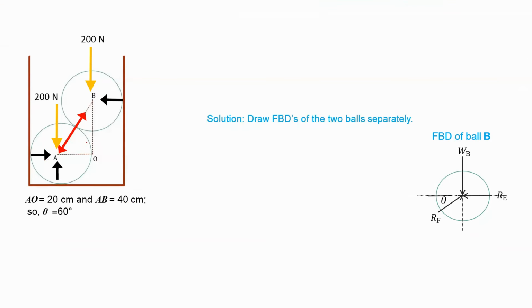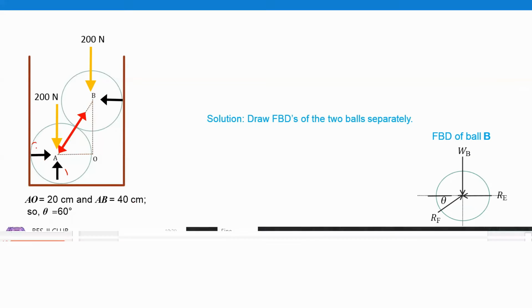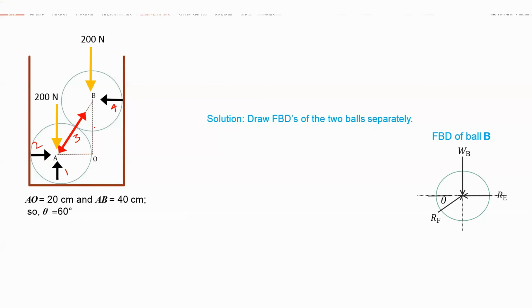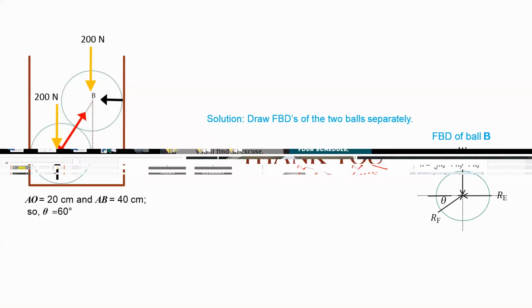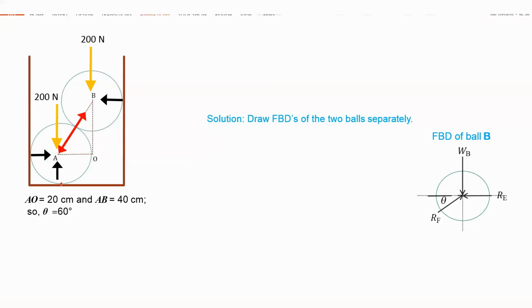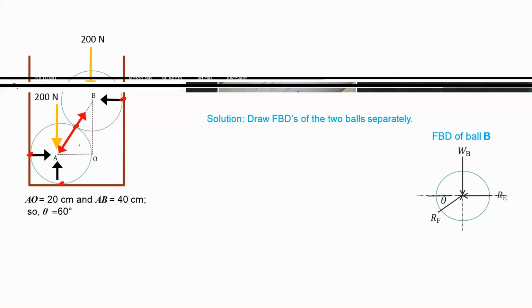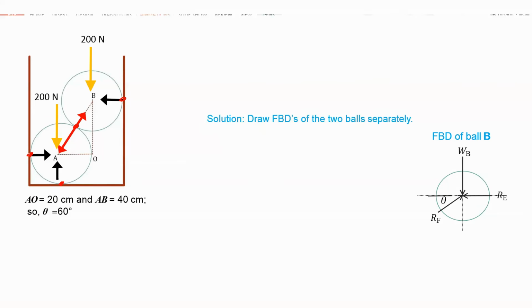How am I so sure that I will get only these reactions: first, second, third, fourth? Because the number of reactions will be equal to the number of contact surfaces. As you can see, in this system there are only 4 contact surfaces: 1, 2, 3, 4. Because there are four contact surfaces, I have to consider 4 normal reactions.